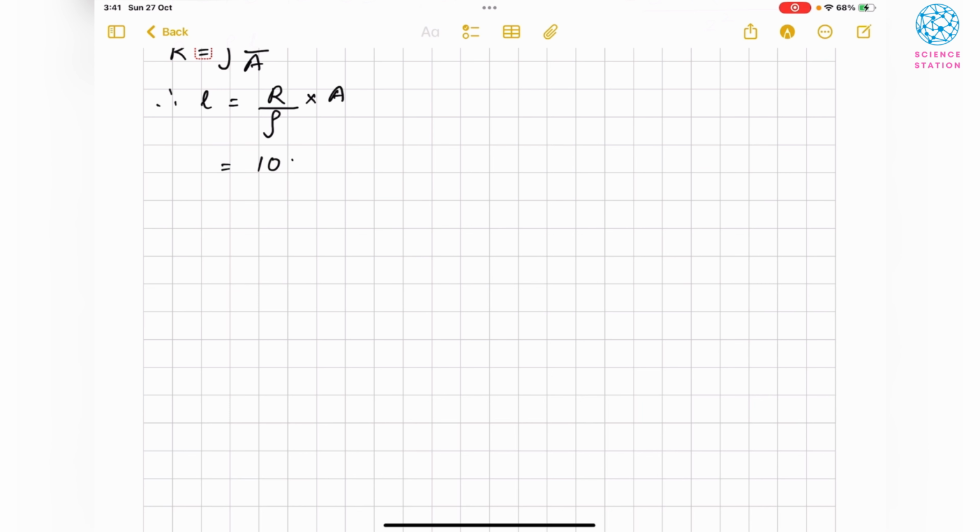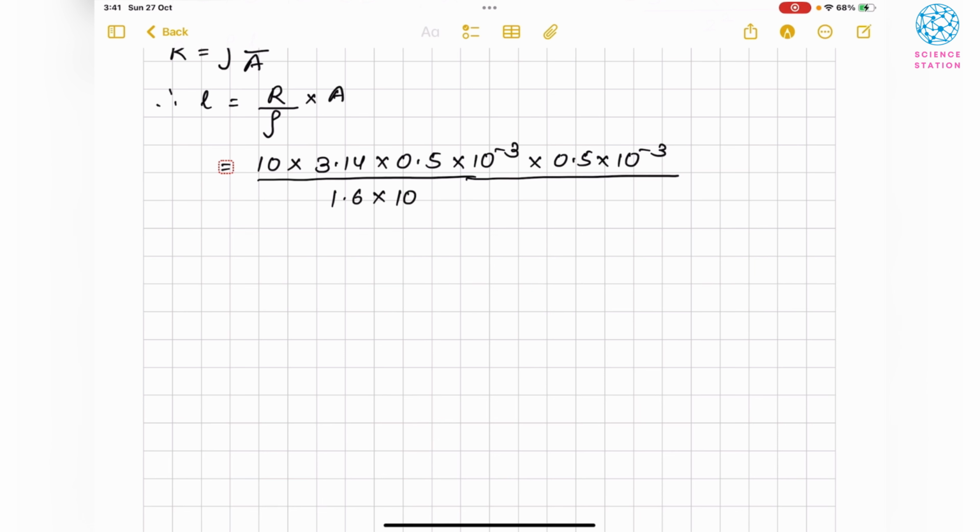So R was 10 into 3.14 into 0.5 into 10 raised to minus 3 into 0.5 into 10 raised to minus 3 whole upon 1.6 into 10 raised to minus 8 into 2 into 2. So if I cut 2 and 10, that will be 5, and if I cut 2 with 3.14, I will get 1.57.